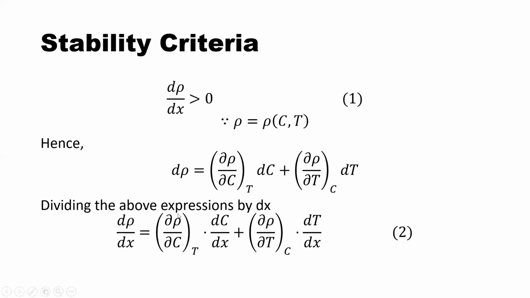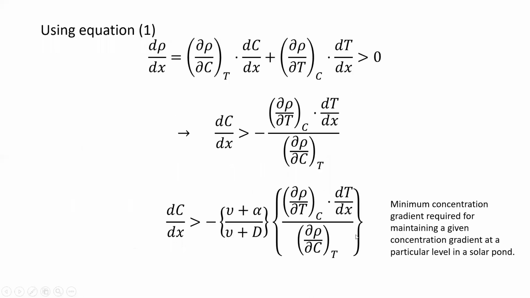We finally found d rho by dx is greater than or equal to 0, and we found that the salt is concentrated at the bottom, so the density is higher in the bottom.